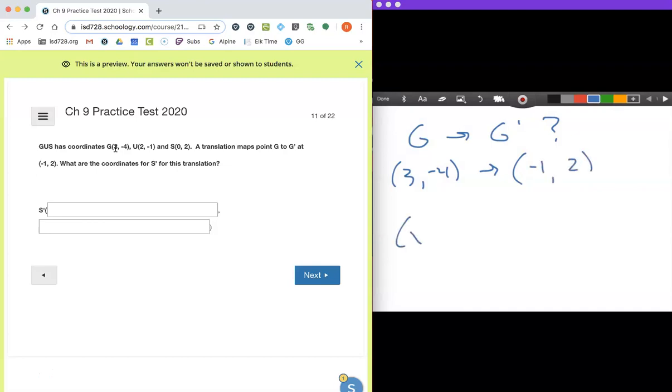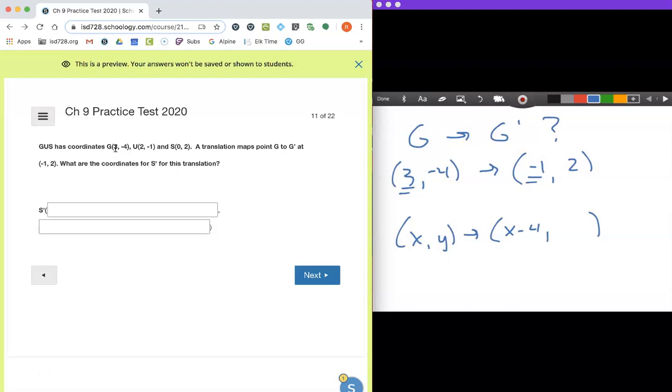They want to know, how do you get a rule that gets 3, negative 4 to land on negative 1, 2? So the first thing I'm going to do is look at these two points, and the way to get from 3 to negative 1 would be to subtract 4.